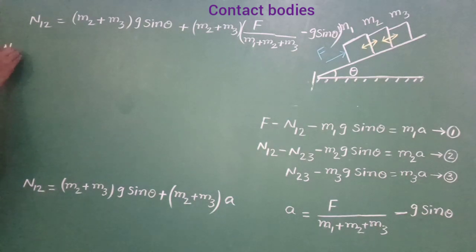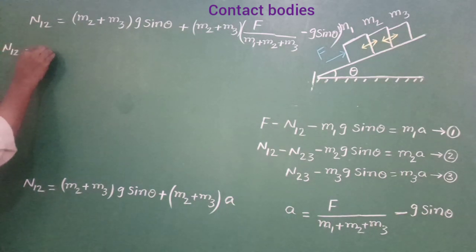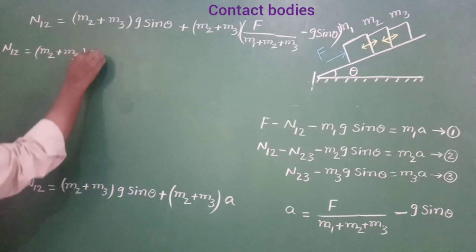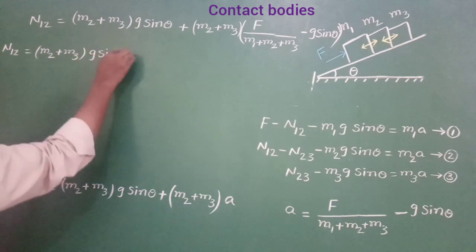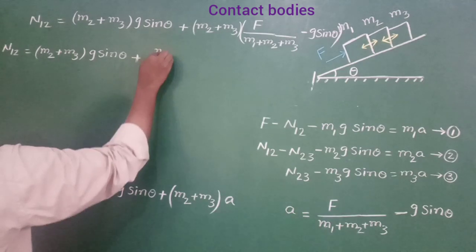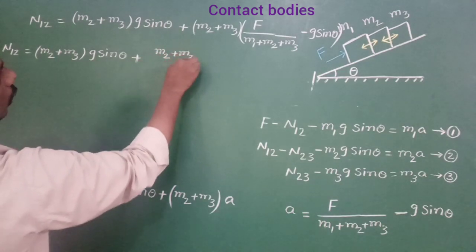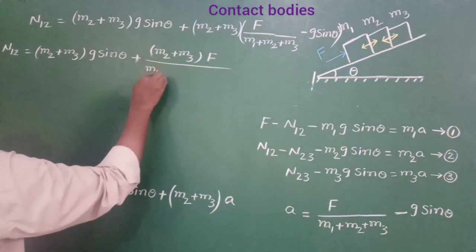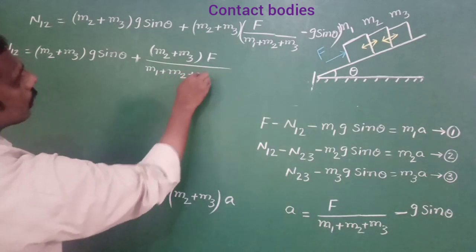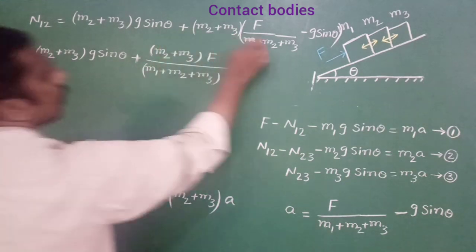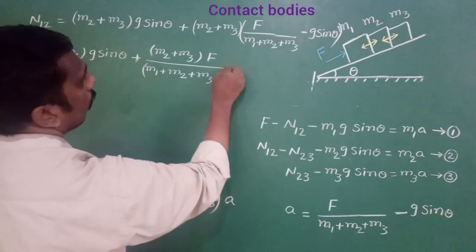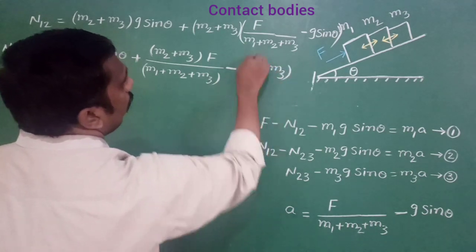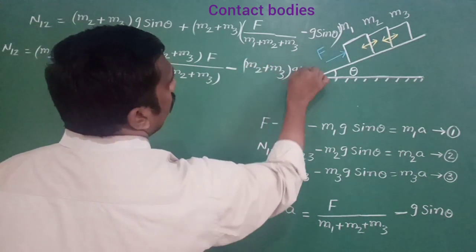Then we get N12 is equal to (m2 plus m3) into g sin theta plus (m2 plus m3) into F by (m1 plus m2 plus m3) minus (m2 plus m3) into g sin theta.